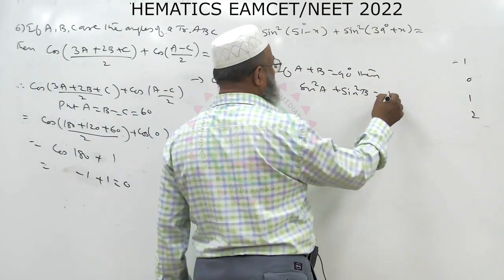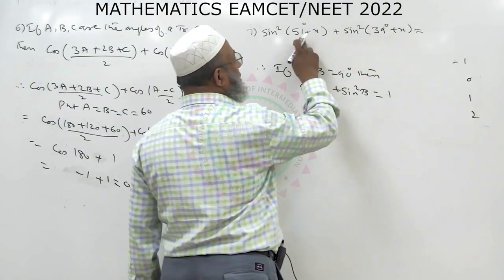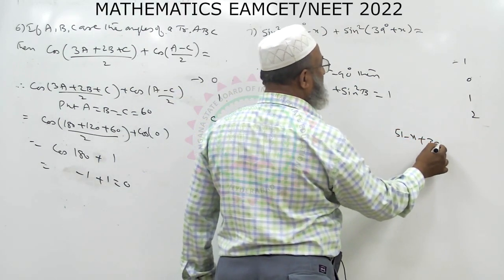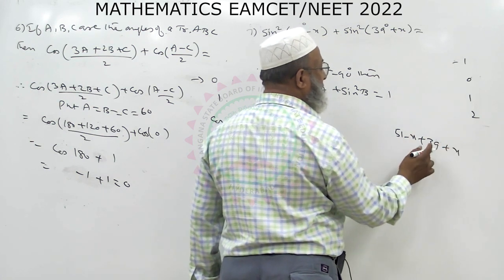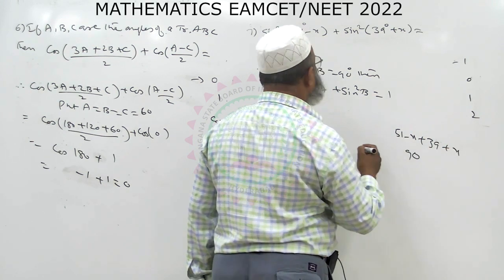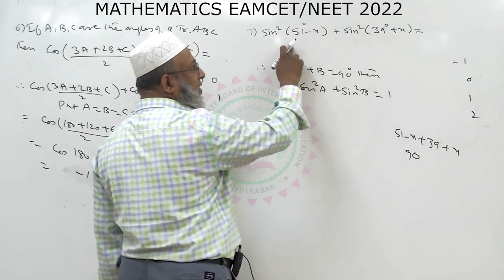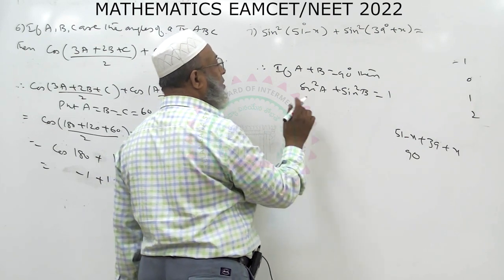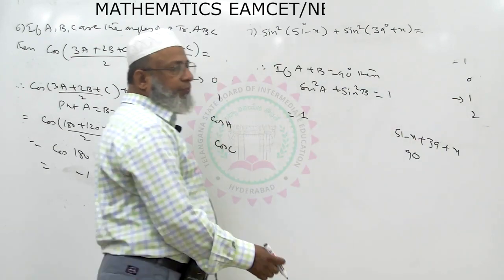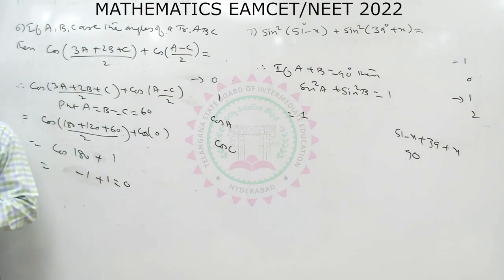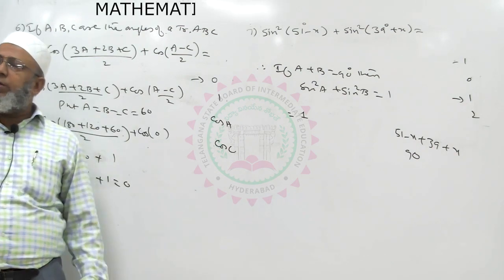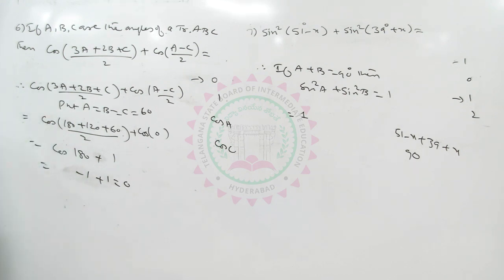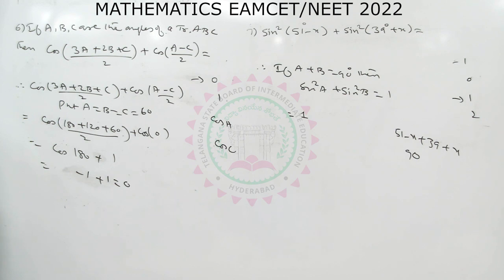Therefore, if I add these values, 51 minus x plus 39 plus x, 9 plus 1 gives 0 carry 1, 4 plus 5 is 9, so this is nothing but 90. Therefore, the answer is sin square A plus sin square B is equal to 1. So this is the option. If you remember the shortcut formula, then by seeing the question only, you can write the answer without doing any solving. Write down the next question.